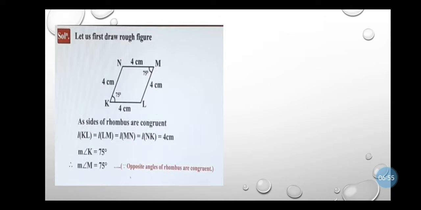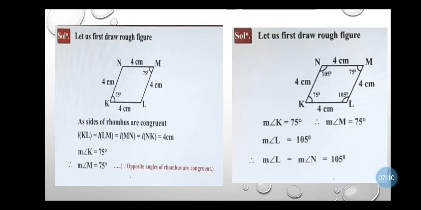So obviously I said you opposite angles of rhombus are congruent. So angle K is equal to angle M. So angle M will also measure 75 degree. Therefore measure angle M is equal to 75 degree. Now measure angle L is equal to 105 degree.